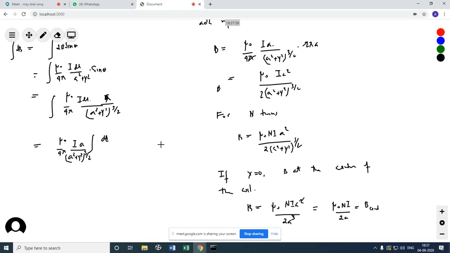Can you go to the last part, so for n turns that part? Yeah.